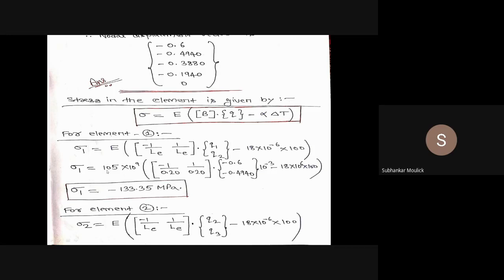For element number 1, stress present in the element is sigma 1 equal to modulus of elasticity E. And this strain displacement matrix, if you remember, I have told you in previous classes that it is nothing but a 1 cross 2 matrix and is given by minus 1 upon Le and 1 upon Le, where Le is the length of that particular element, into.